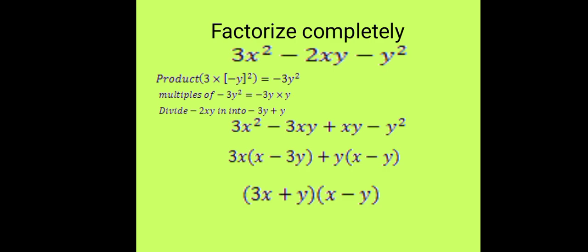Since quadratic equations are written in the form of ax squared plus bx plus c, our a is 3 and our c is y squared. Get the product of the two.